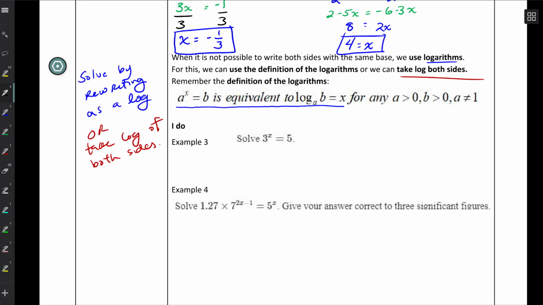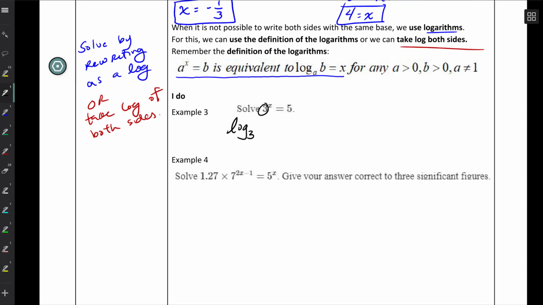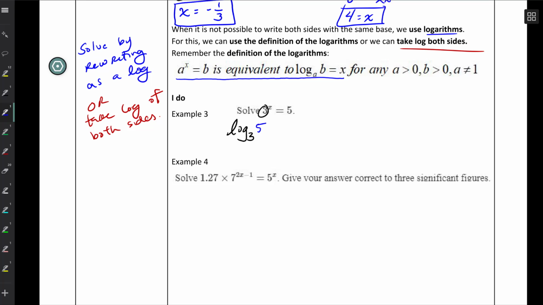Okay, so if we were to rewrite this as a logarithm using this definition of logarithms, log base 3 of 5 equals x.